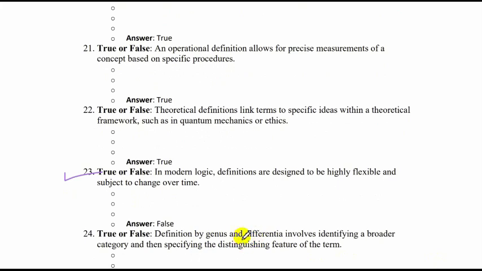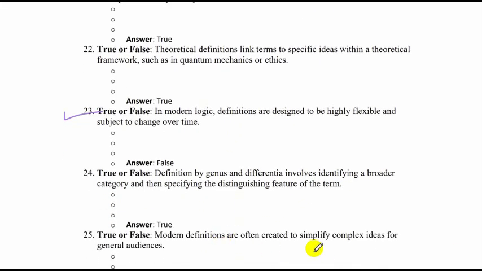It's not "and", it's "et". It involves identifying a broader category, that is genus, and then specifying the distinguishing features of the term, that is differentia. This is true.